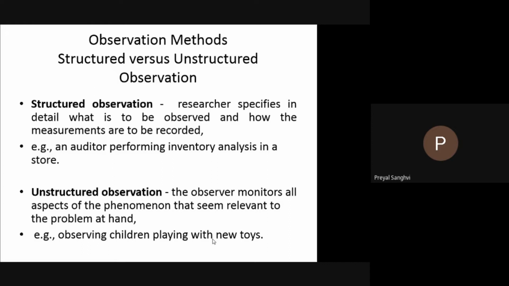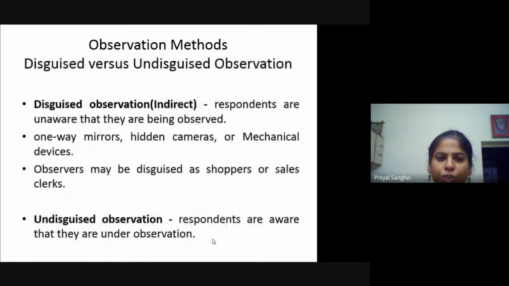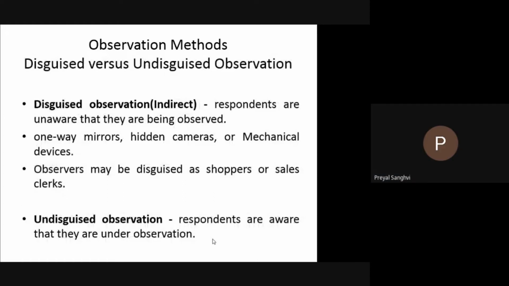Whether the child is playing, whether the child is crying, or whether the child is sleeping, this is not clear. So this is an example of unstructured observation. If we talk about another two types of observation, one is disguised observation and the second is undisguised observation.